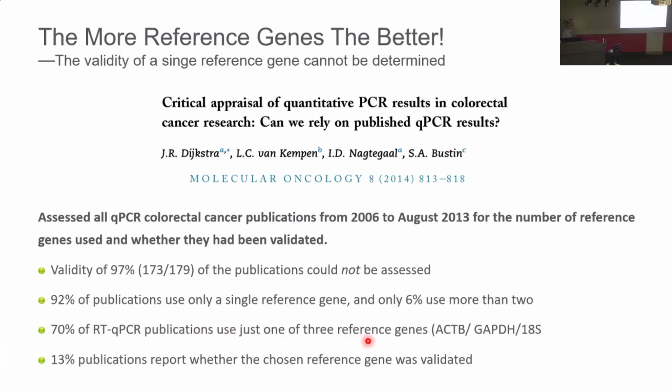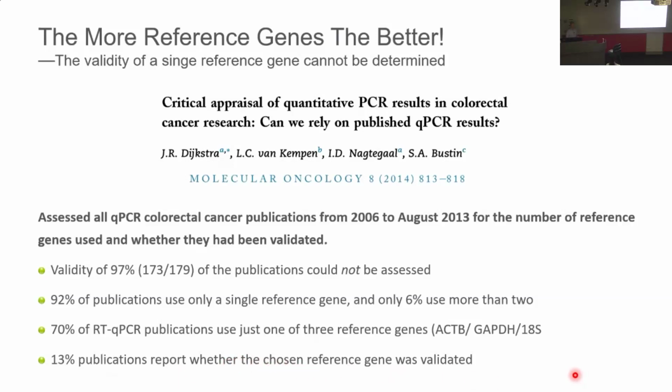70% used just one of the three reference genes, beta-actin, GAPDH, and 18S. Why? Because 20 years ago, that's what they said to do, and they're still doing it. Nobody's thinking or looking or reading. Only 13% reported whether they'd even bothered to validate their reference gene.